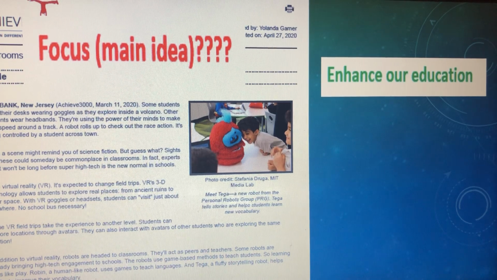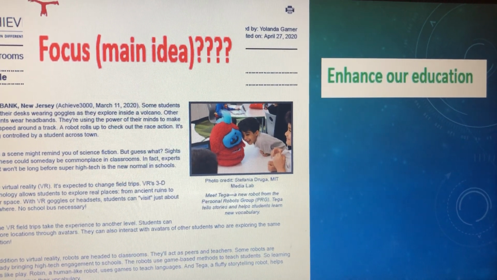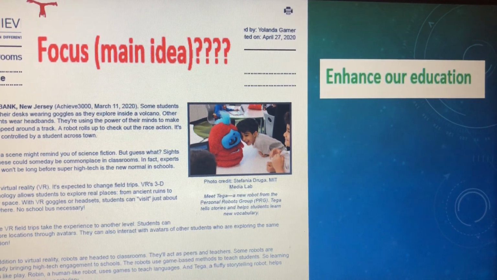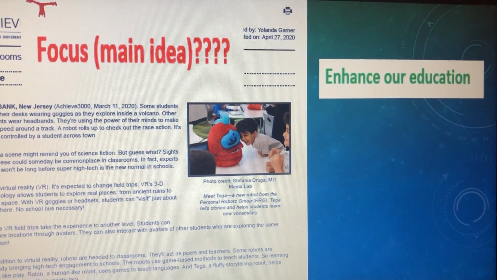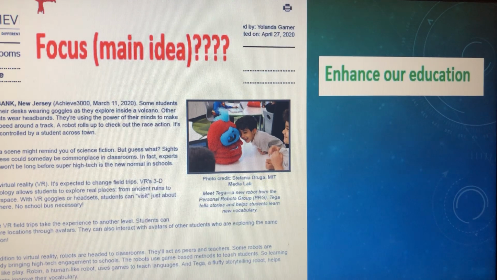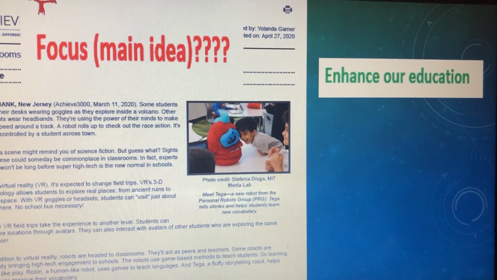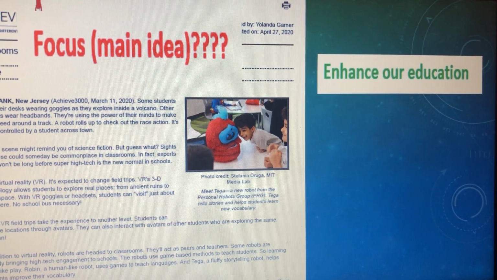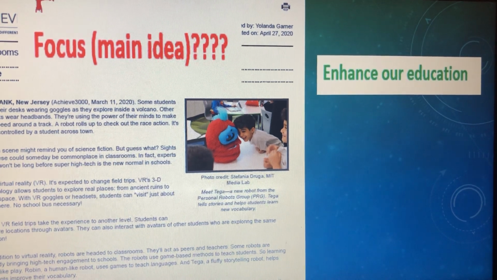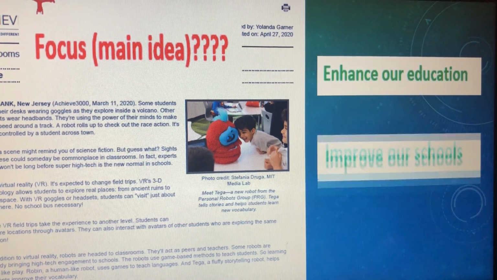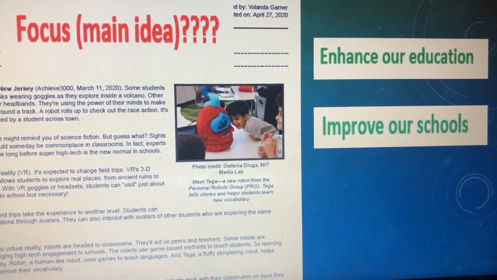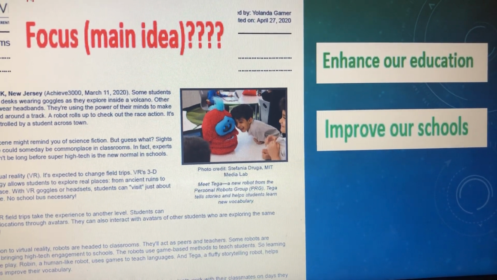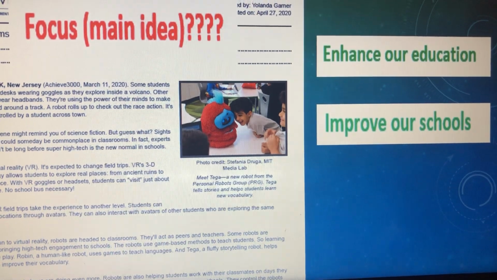Because it talks about how kids are going to have like virtual field trips, and how some robots are bringing like high-tech equipment to school. So that's enhancing our education. But I can say that same thing in different ways. So let me think of another way to say my main idea. I could also say robots improve our schools. So that's another main idea for this article.